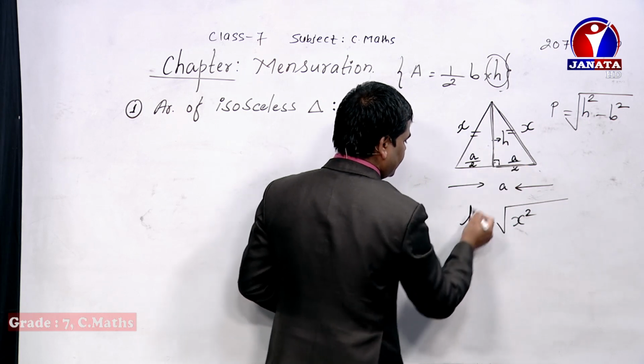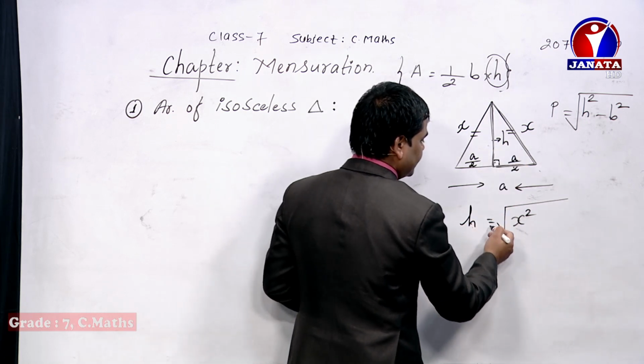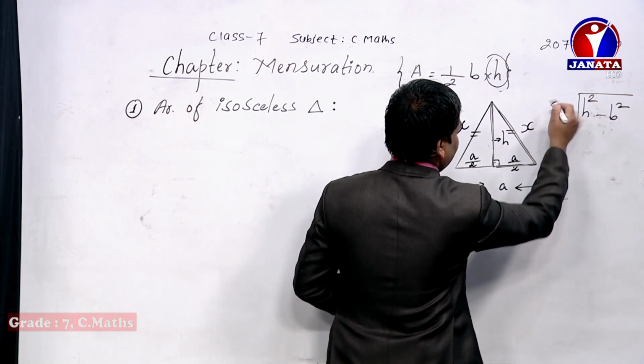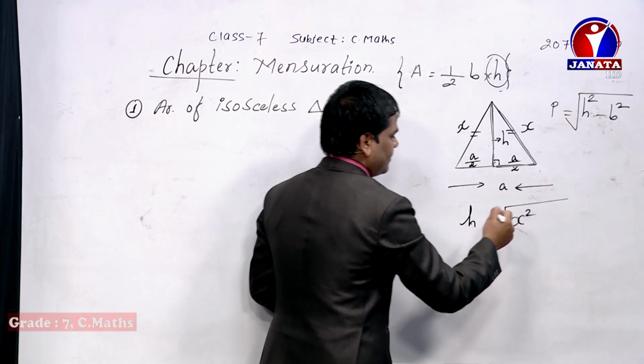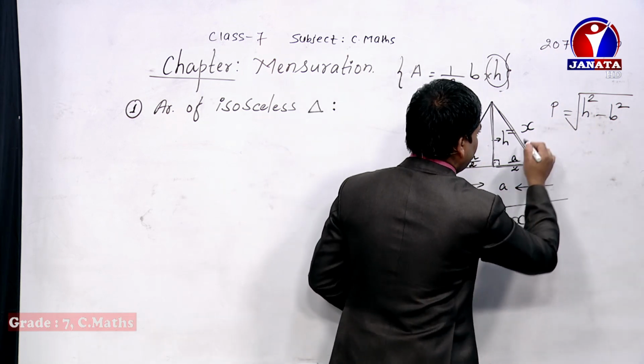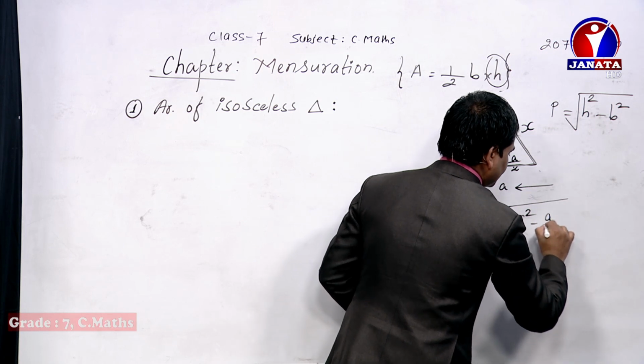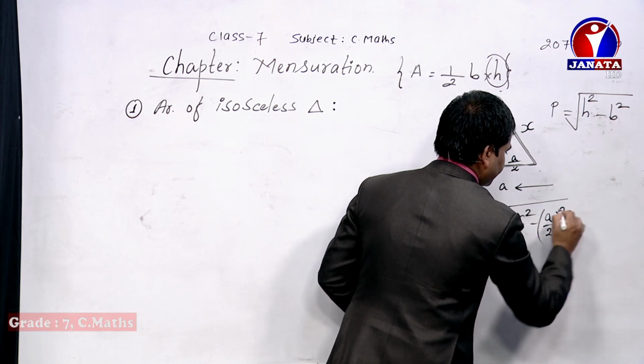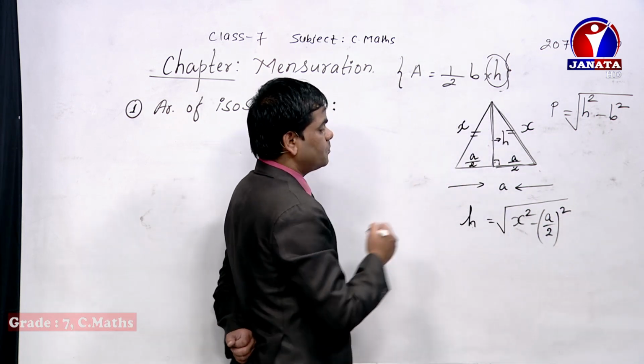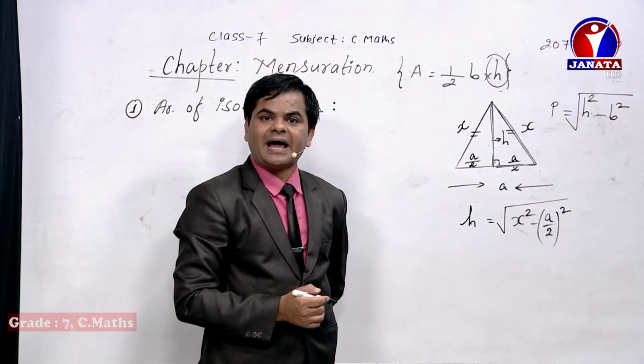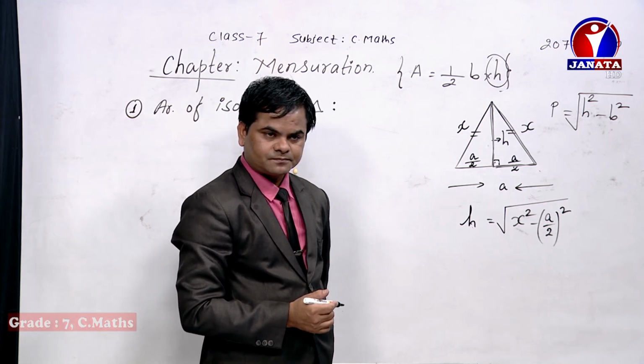So the perpendicular equals root under, and when we take the square on that side, it becomes root under x square minus base square, where base means a by 2 whole square, isn't it? Now if we proceed, we will get the value of h.